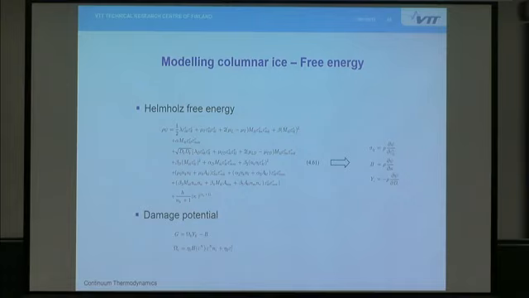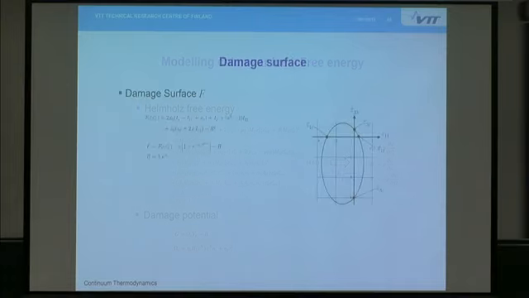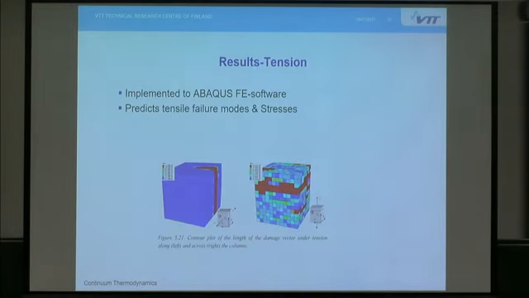Damage potential, you don't see it, but it's not that important in this case. And a damage surface. Now in this case I was formulating it in strain space. And after implementing it in Abaqus FE software, the model showed to be able to model these modes, which it was supposed to.